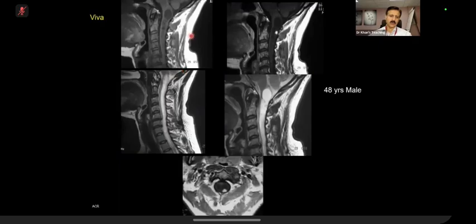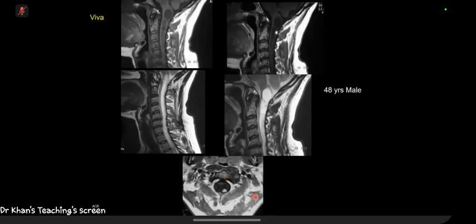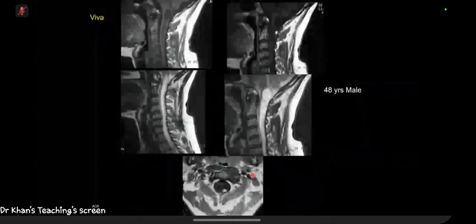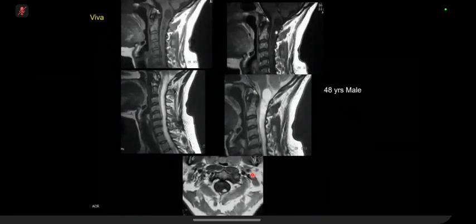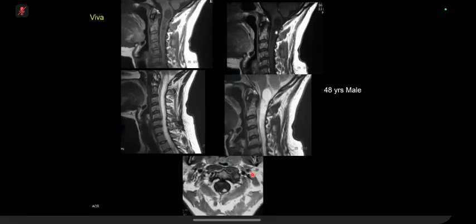So T1 post contrast, T2, and this one is T1 post contrast. Over to you. So I have got a lesion that has got an avidly enhancing nodule and then pericystic cystic components that is within the high cervical cord.